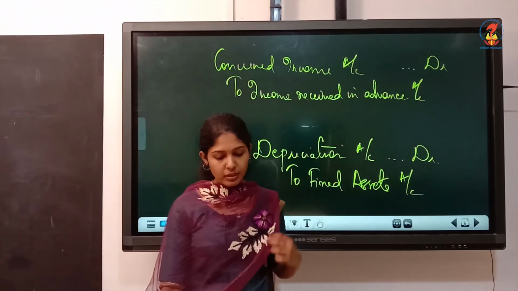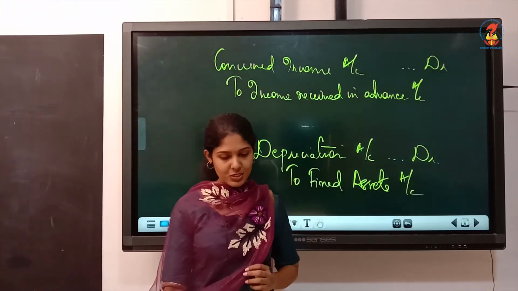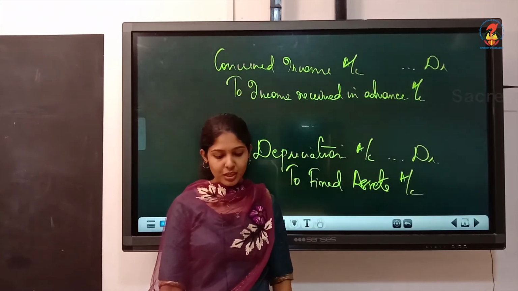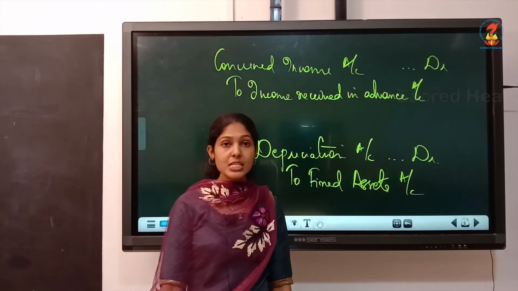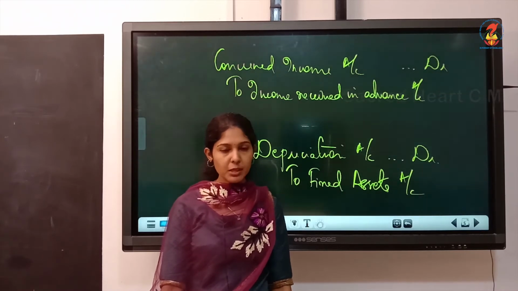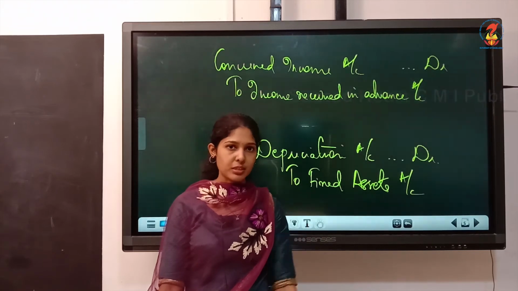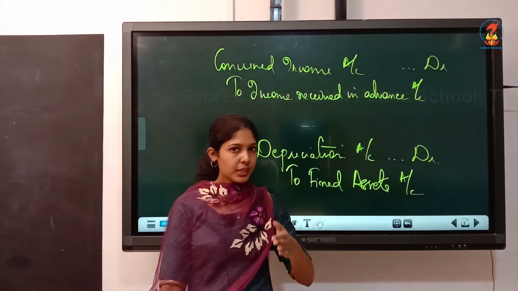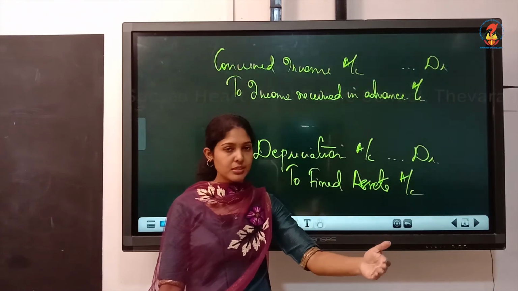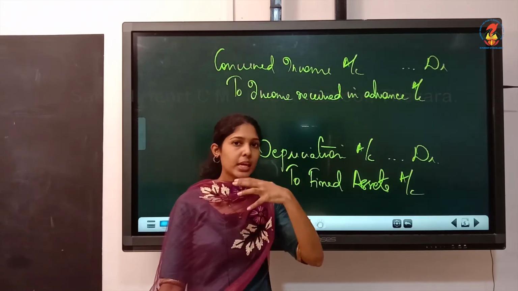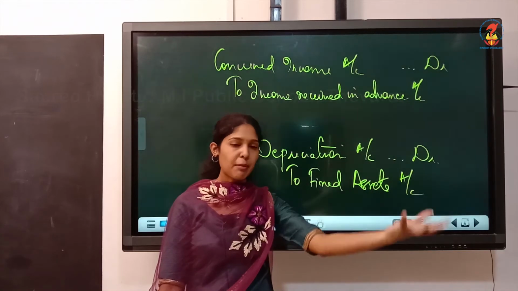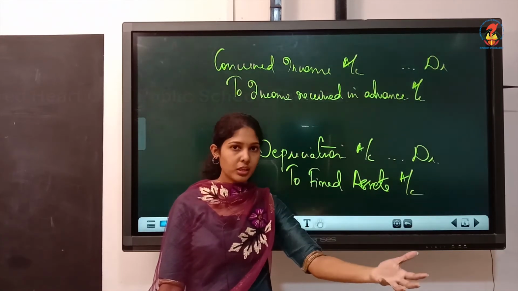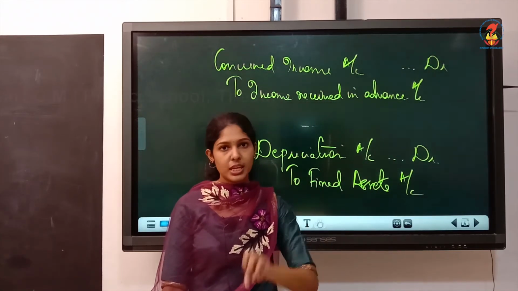The next one, two more specimen entries we have to learn, that is interest on capital. You give the heading interest on capital. Always think from firm's point of view. Interest on capital means we are allowing interest to the capital, to the owner who has invested his capital.